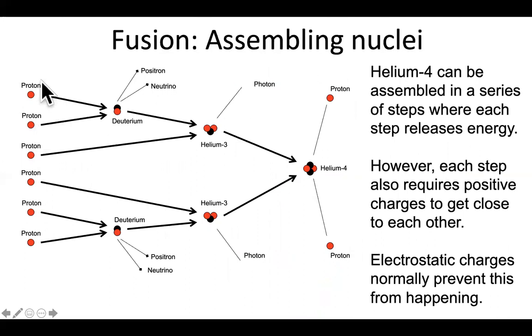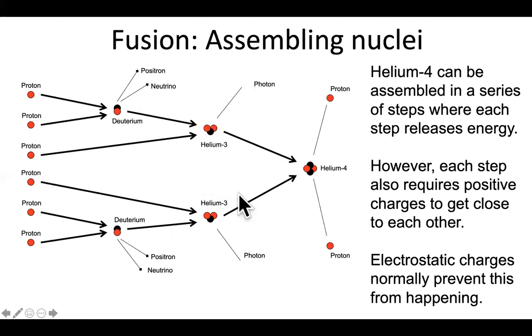You would take 2 hydrogen atoms, or just isolated protons, because let's not worry about the electrons at the moment, put them together, make an atom of deuterium, which has 1 proton and 1 neutron. This involves a beta process that throws out a positron and a neutrino. Then you take this atom, which is a proton and a neutron, bring in another proton. This will produce helium-3, 2 protons, 1 neutron. It'll release a photon. It'll release some energy.